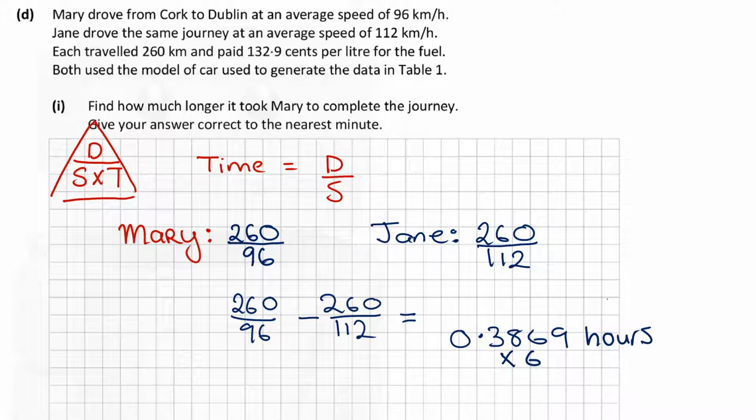What we get is about 23.21 minutes, and correct to the nearest minute is just going to be 23 minutes. So quite a straightforward question there, just about distance, speed, time.